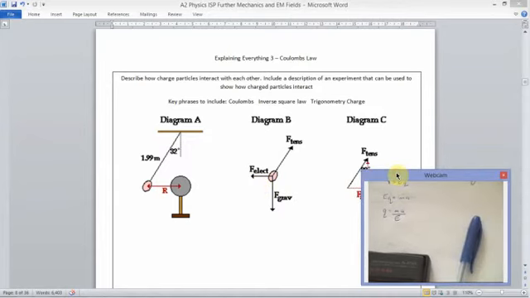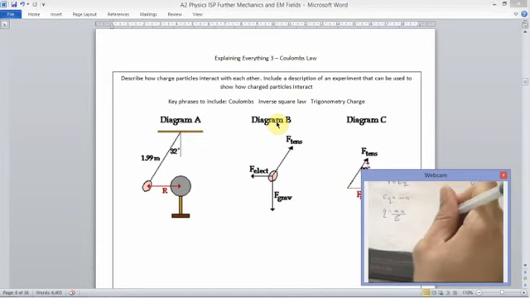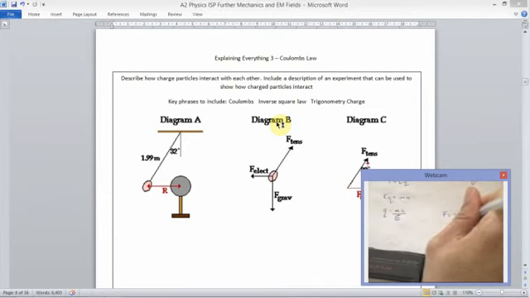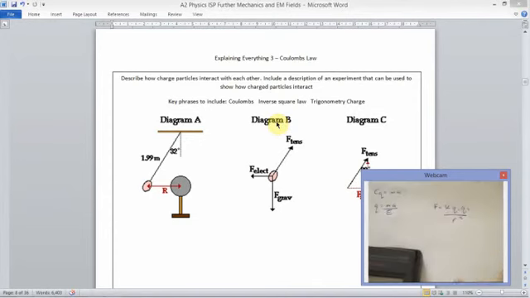Excellent. The only other thing to really mention is the fact that we've got an inverse square law for Coulomb's law, essentially for the interaction of two charged particles. So it's k q1 q2 over r squared. F equals k q1 q2 over r squared, where F is the size of the force, k is a constant.